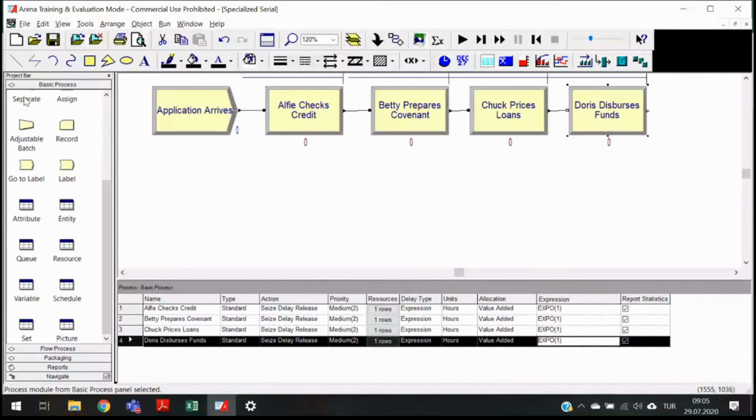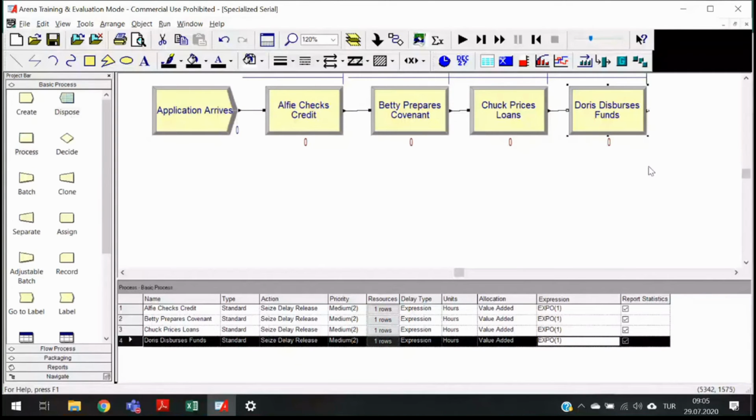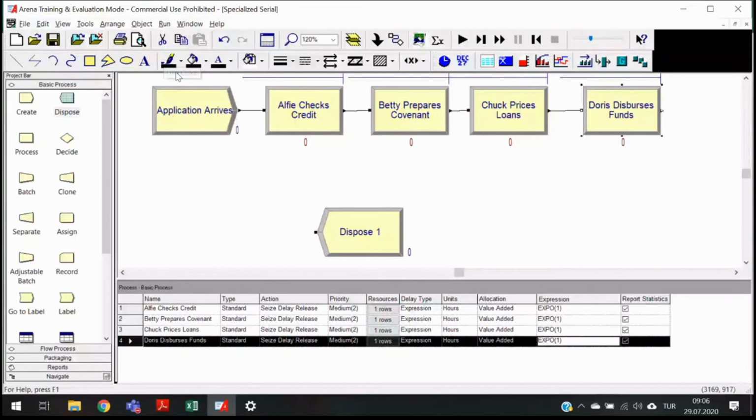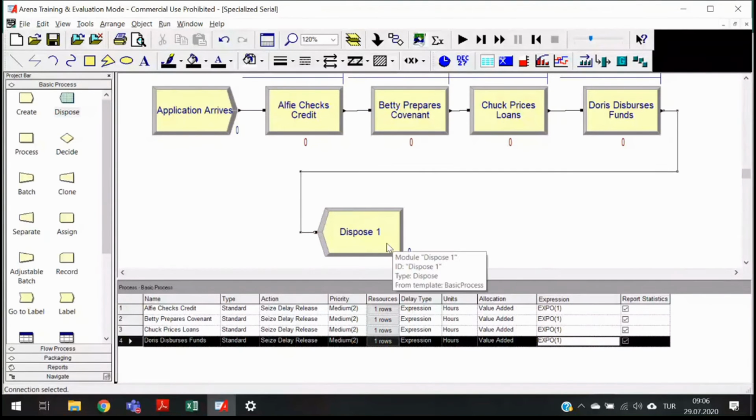Let's just introduce it while Doris is not selected. As you can see, it is not connected automatically. So how do you connect it? There is this connection tool here, and you click from here and connect it to there, and that is going to be connected.